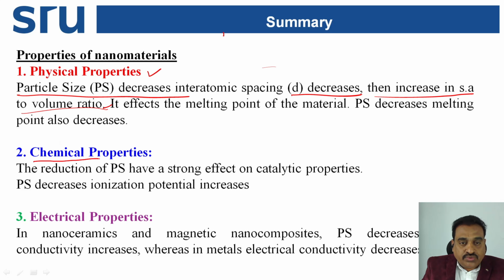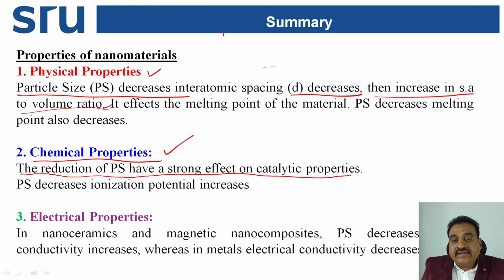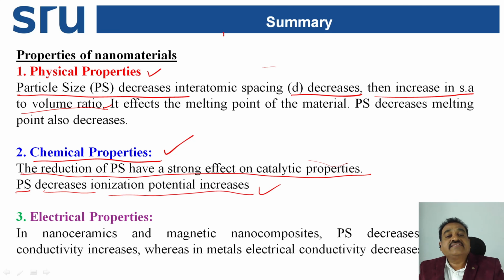Coming to chemical properties. Simply try to understand: the reduction of particle size has a strong effect on catalytic property. Particle size decreases, ionization potential increases. This is the simple chemical property.